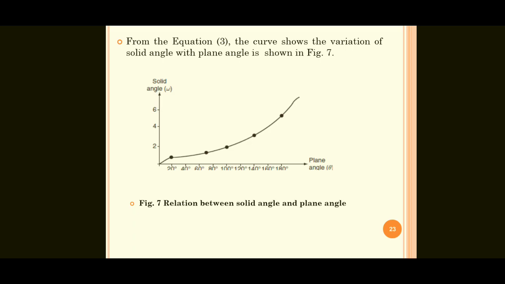The y-axis shows the solid angle omega and the x-axis shows the plane angle. So these are the definitions of the plane and solid angle. The solid angle is represented as omega and units are steradian.